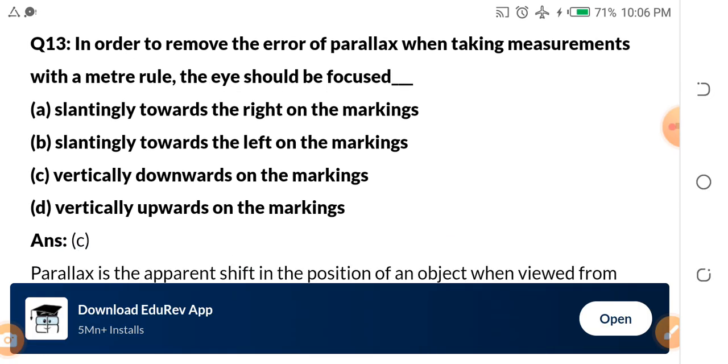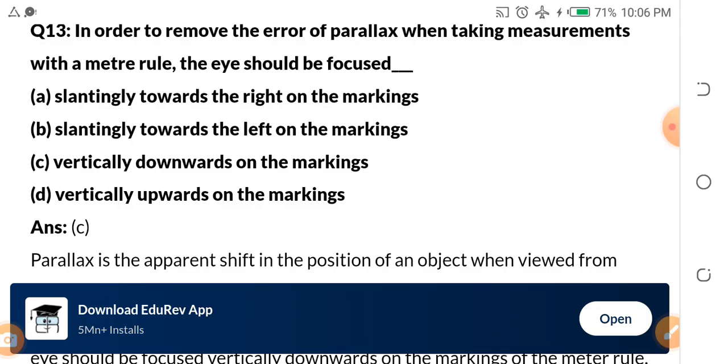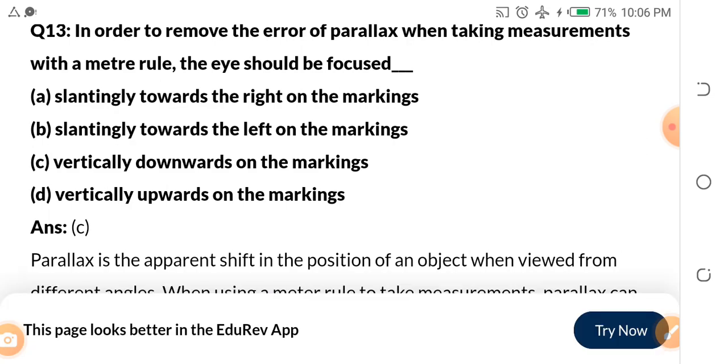Question number 13. In order to remove the error of parallax when taking measurements, when we were in school and when we enter the lab, we always talk about error due to parallax. Sometimes we call it error due to paragraph, but this is error due to parallax.